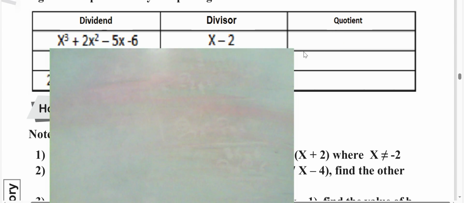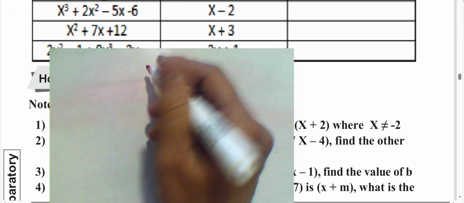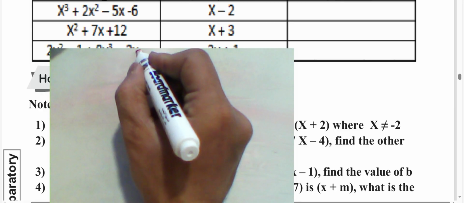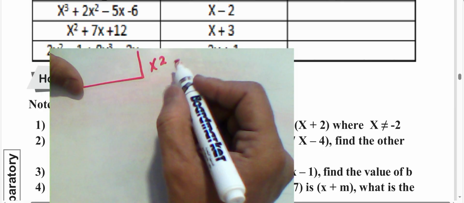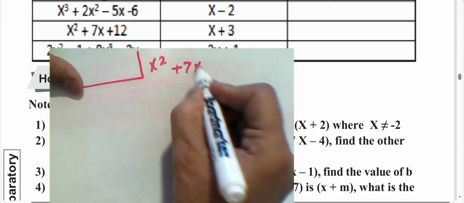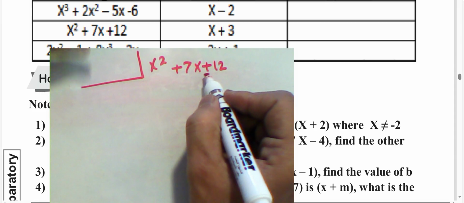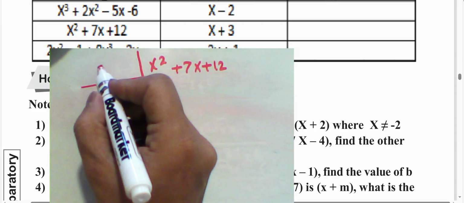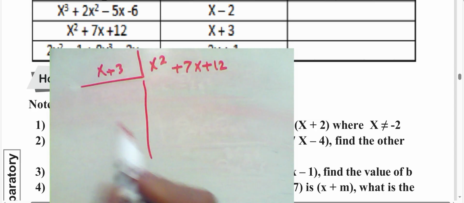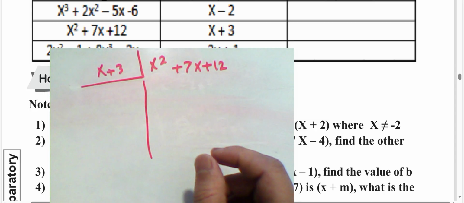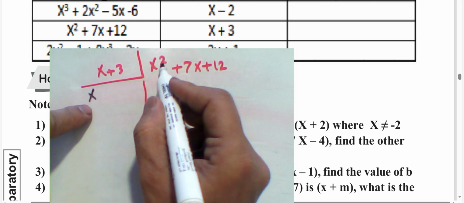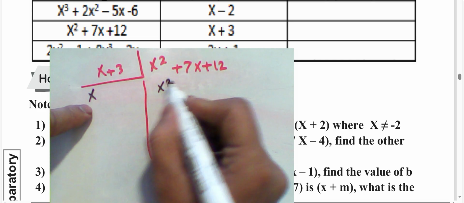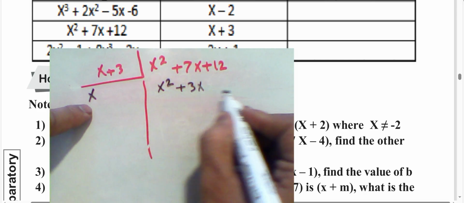Next question. We have a long division also, x^2 + 7x + 12 all divided by x + 3 is the divisor here. x^2 divided by x equals x, and then x times x is x^2 and x times 3 equals 3x.